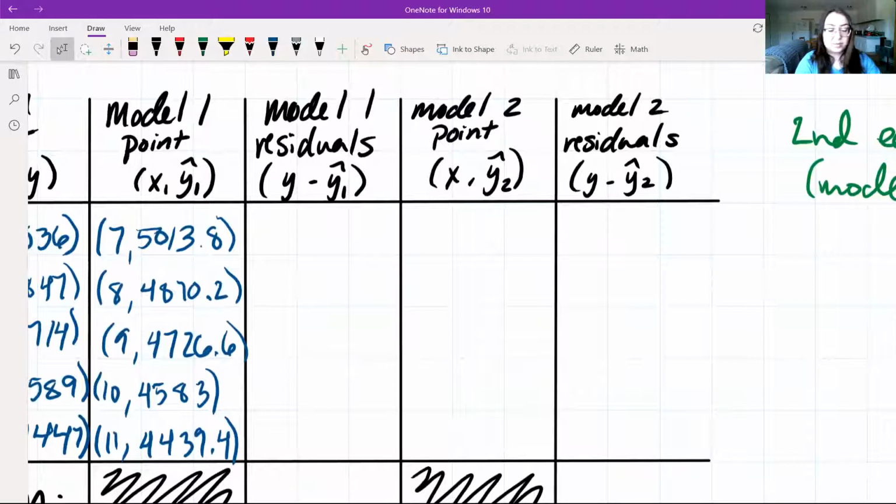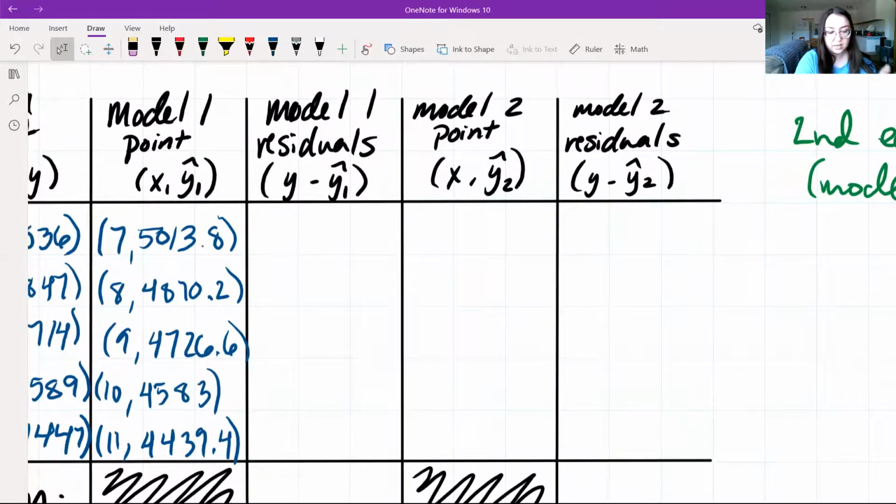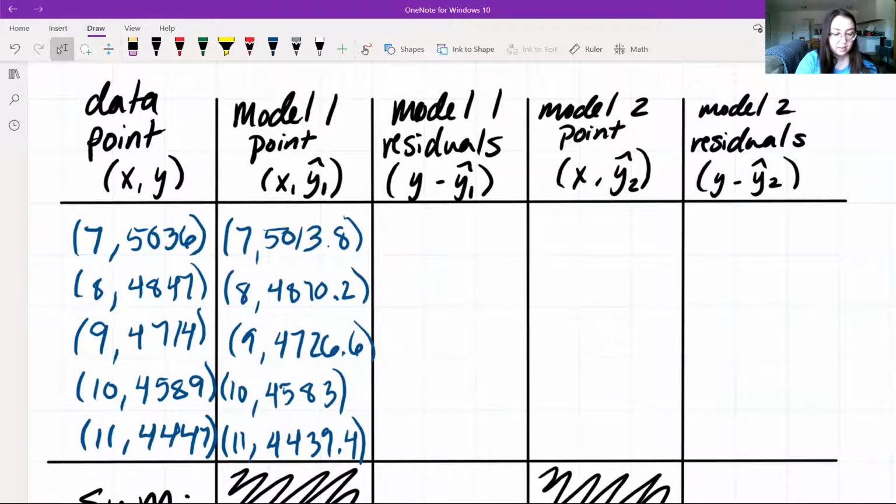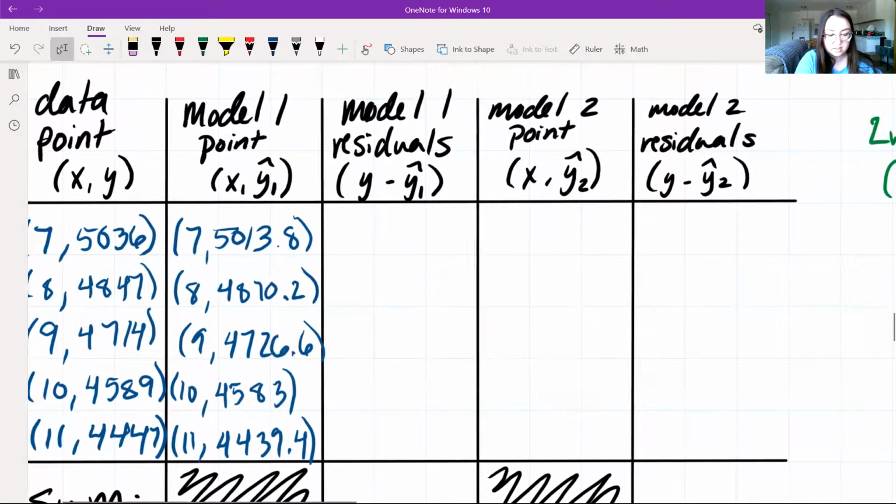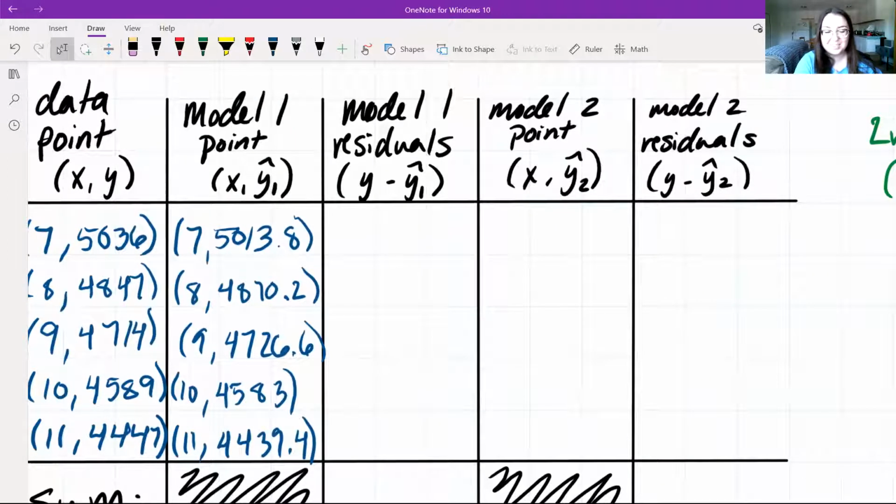Now we want to find our residuals. So we know that our residual here is going to be 5,036 minus 5,013.8. So you want to subtract those with this equation that we have here. And you can also take a moment to calculate that as well.